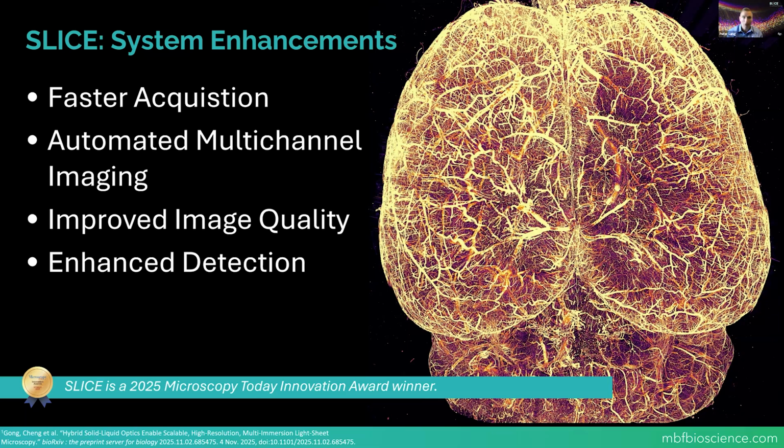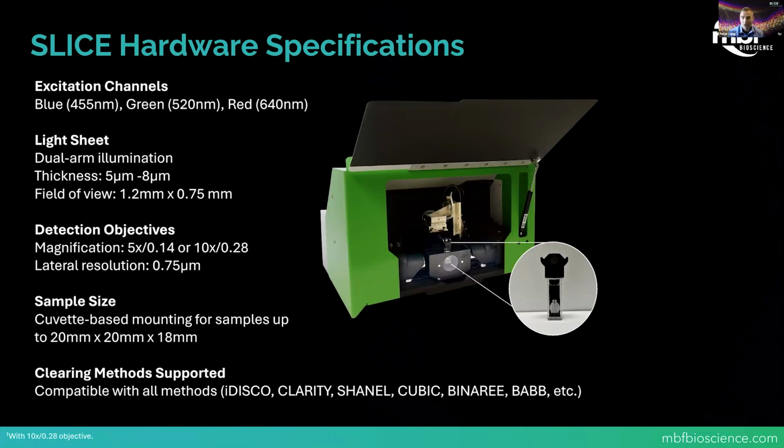So let's talk a little bit about the actual specifications of the system, the hardware design. The design changes that we just mentioned enable SLICE to have the following characteristics. So for illumination, the platform supports 3 excitation channels at 455, 520, 640 nanometers. These wavelengths align with common fluorophores, allowing for 3-channel or even more acquisitions.